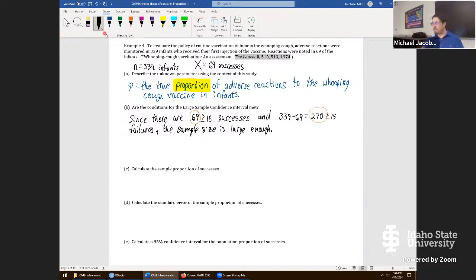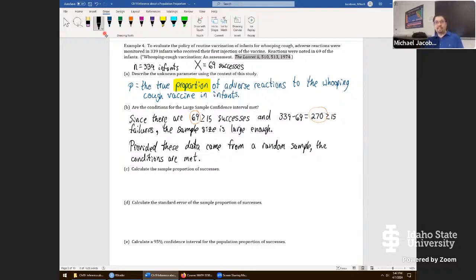What I would say at this point of the analysis is that provided these data came from a random sample, the conditions are met.